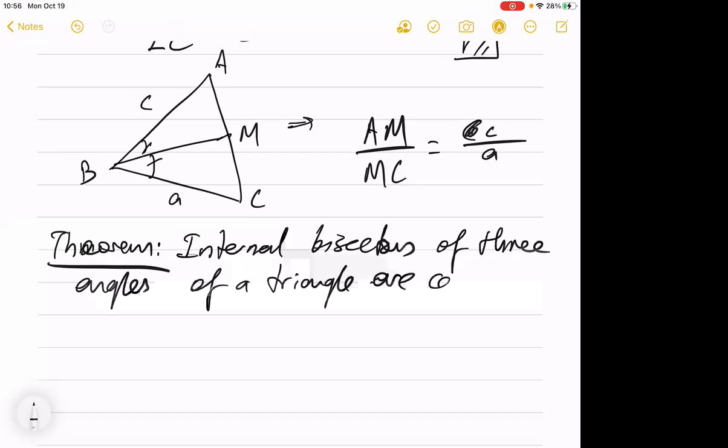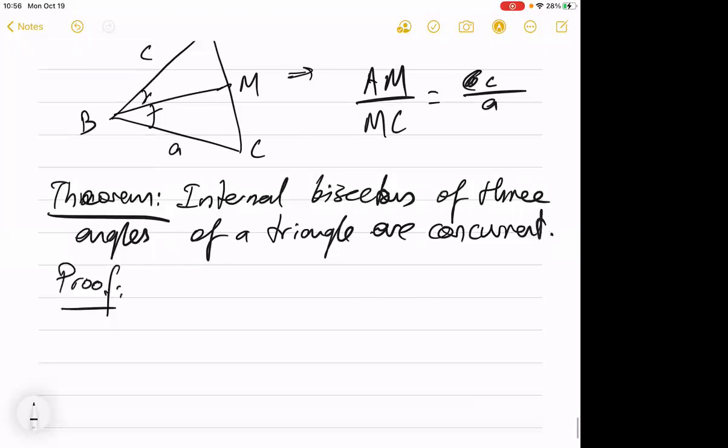Concurrent means they intersect at the same point, right? So the three lines pass through the same point. Here is a proof of this statement based on the internal bisectors.